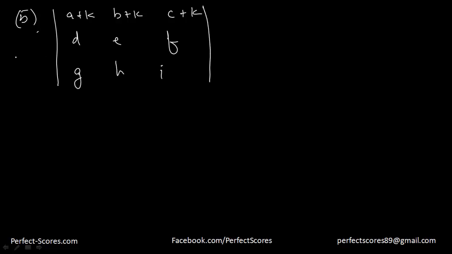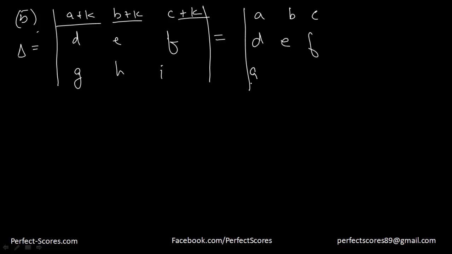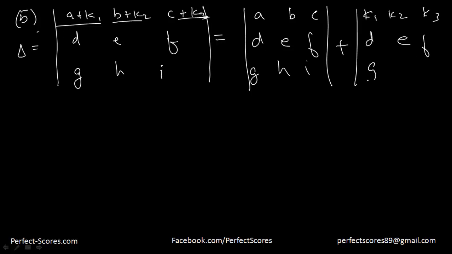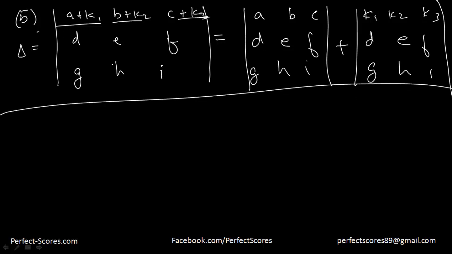So let's suppose this is one determinant that is actually going to be equal to, so what we can do is remove this k, so we're going to have a, b, c, d, e, f, and g, h, i, plus you can keep this k here, or even this can be k1, k2, and k3, d, e, f, and g, h, i. Right? So that is what the next property states. Whatever element is added can be taken outside, and the values of the determinants can be added. Let's put that to test.